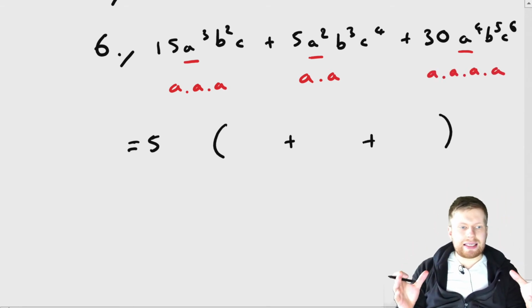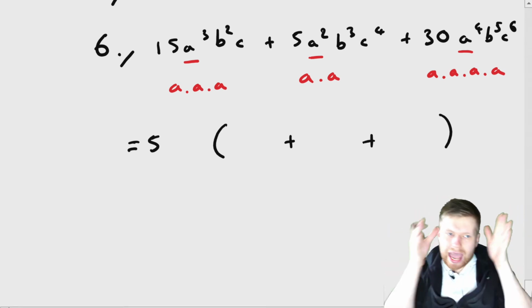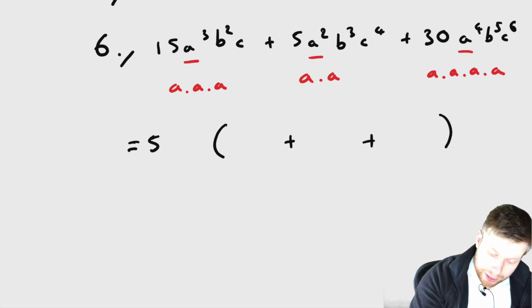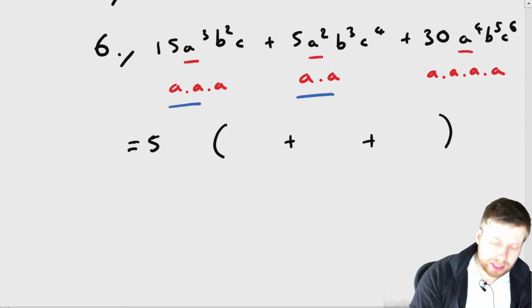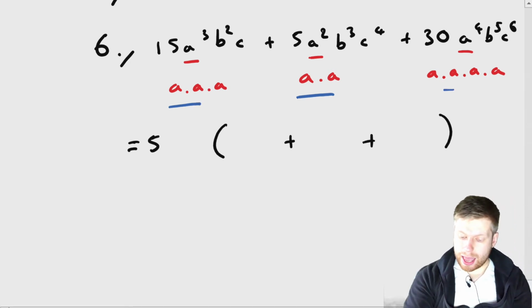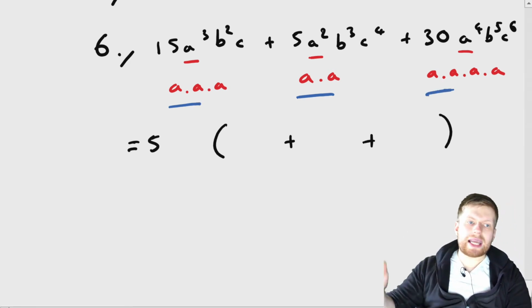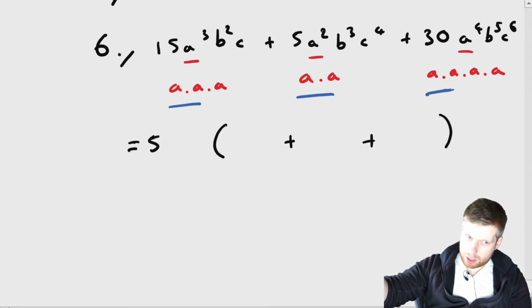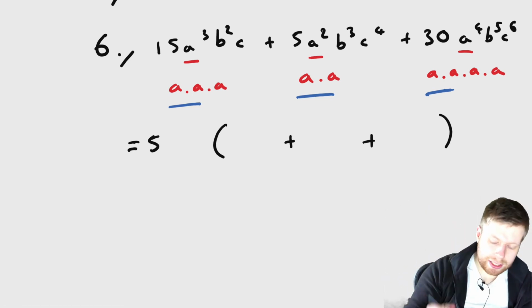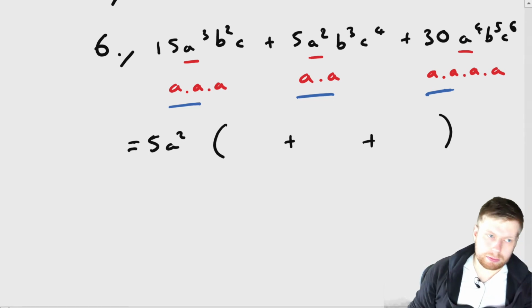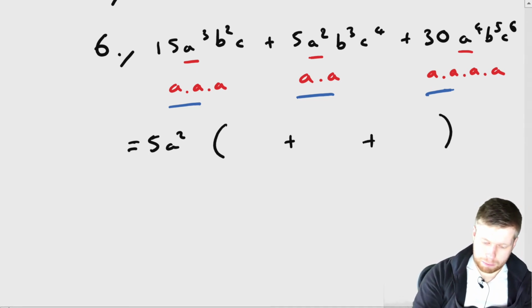So how many A's are in every single term? Well, are you happy there's 2 A's in the middle, there's 2 A's hiding in there, and there's 2 A's hiding in there, which means that I can pull 2 A's out of every single term. Yeah? So I don't want to write it as 2 A's, I want to write it as A squared. Does that make sense? Okay.